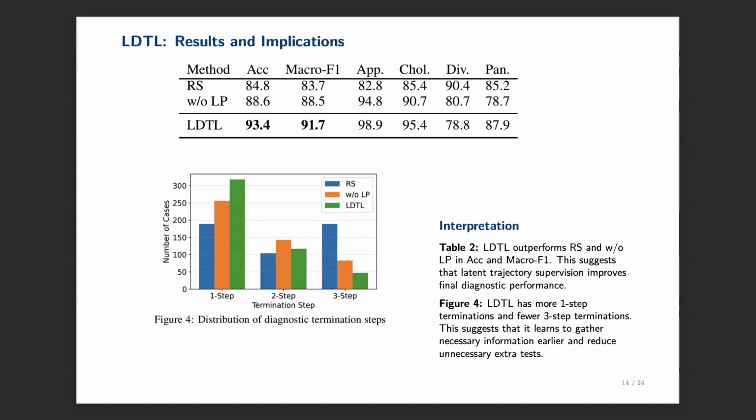This means the model learns to gather useful information earlier. For my interpretation, LDTL is a meaningful step beyond simple terminal reward, and it tries to supervise the path itself.